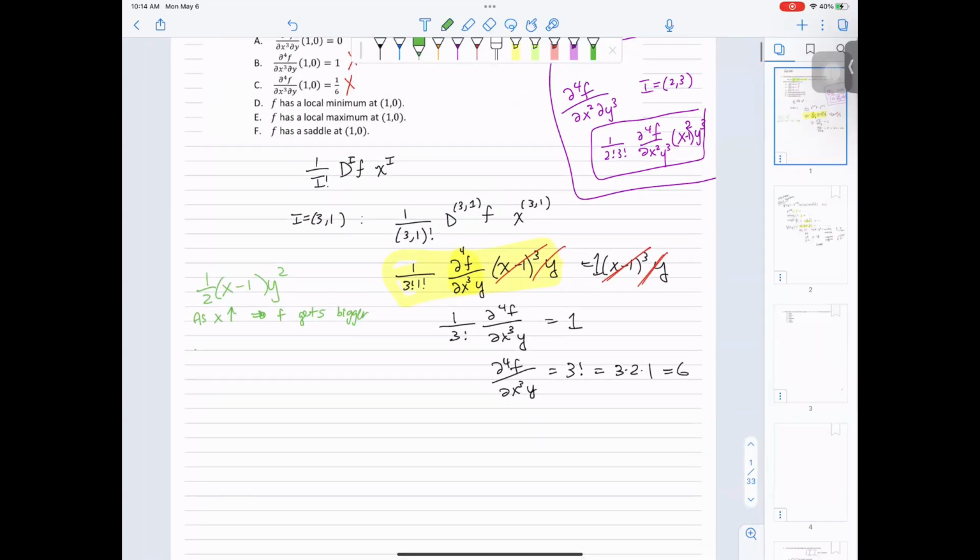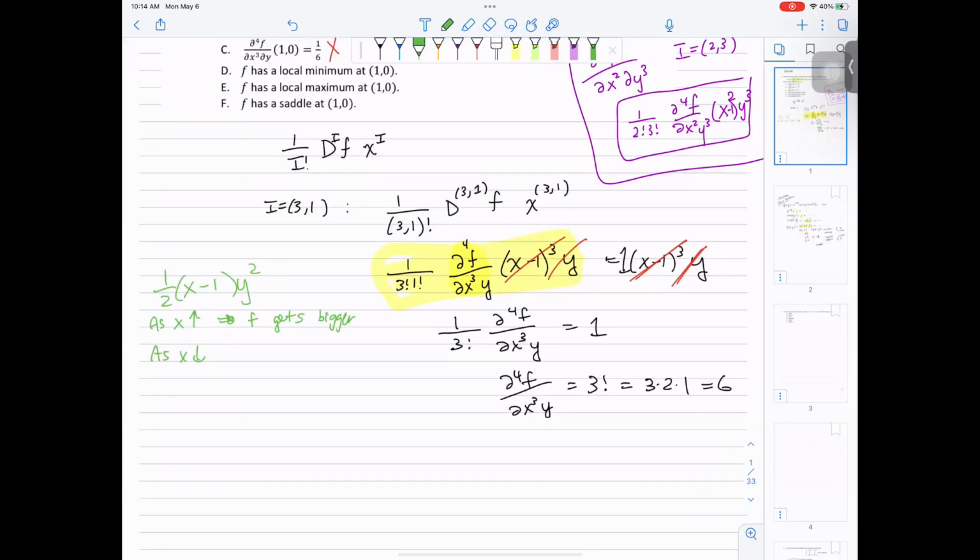Okay, what happens as x decreases though? Well, let's say x is like 1. Then we get that f is 0. What if x is like 0? Then we get negative 1/2 y squared. What if x is negative 10?